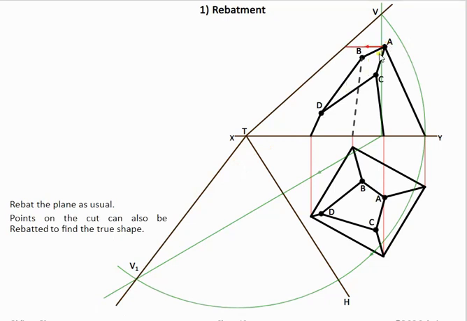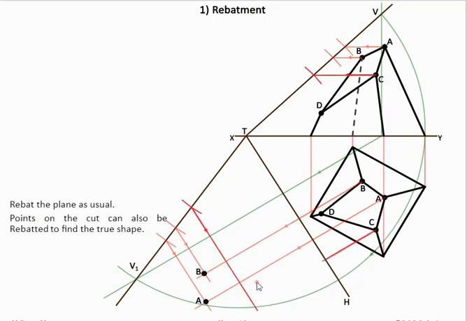So we have 4 points here, bring them across horizontally, mark them onto VT, scribe them onto VT1, and then bring them back horizontally, bring A out, and same again for point B, point C, and point D. And there are points established. Now we can draw in the true shape of this object then.